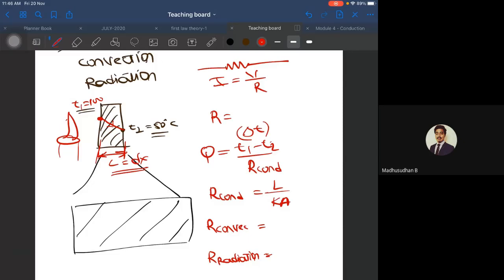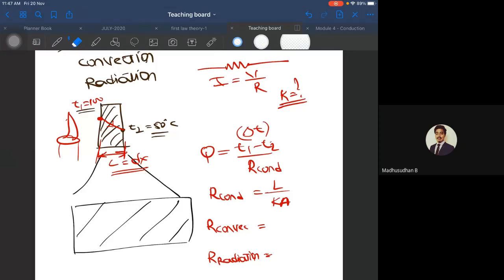What is k, by the way? Everyone, open your Google Classroom. Check out the notes for heat transfer, that is module number 3, which is being updated.